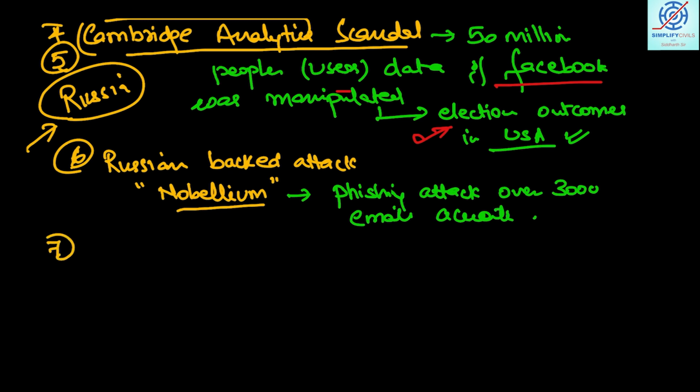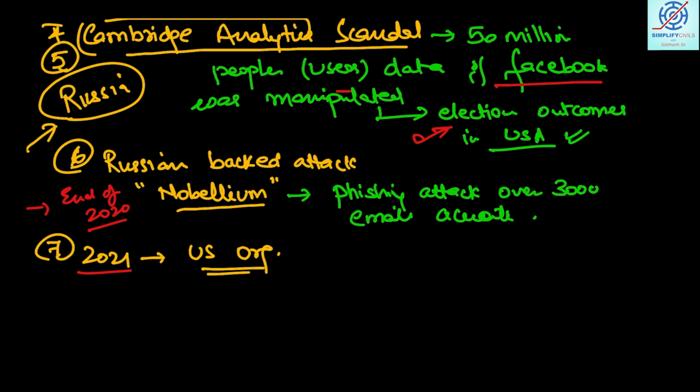Another attack in 2021. The previous attack happened at the end of 2020, and I am now talking about the 2021 attack, a very recent attack on US organizations, where many US organizations were attacked.